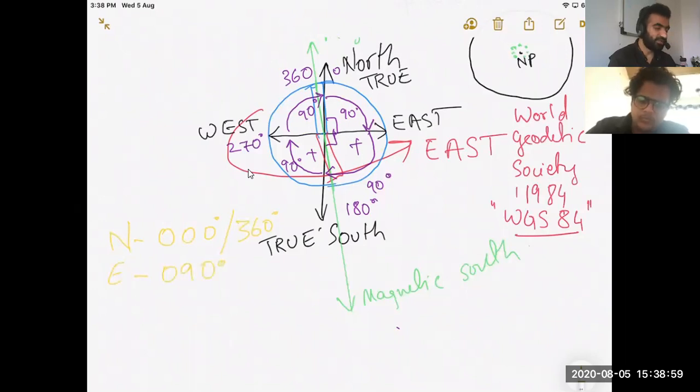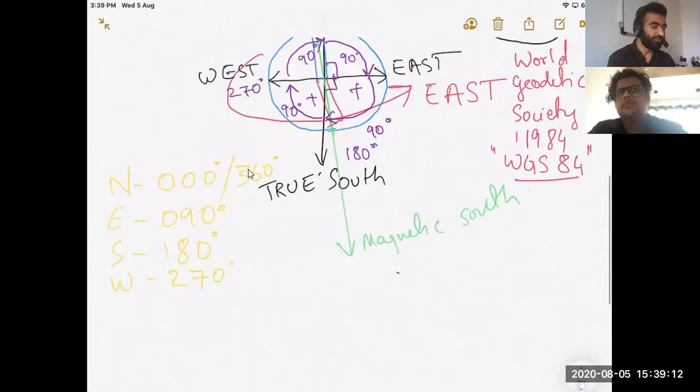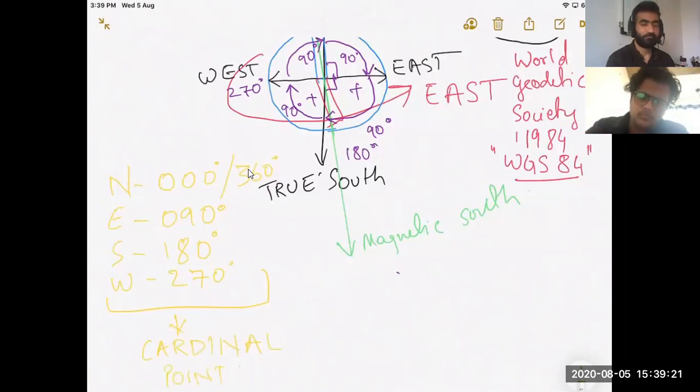The value for south is 180 degrees. And the value for west is 270 degrees. These 4 points are known as cardinal points. Very important.